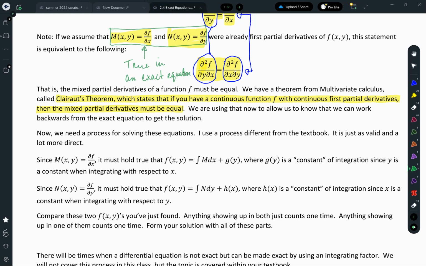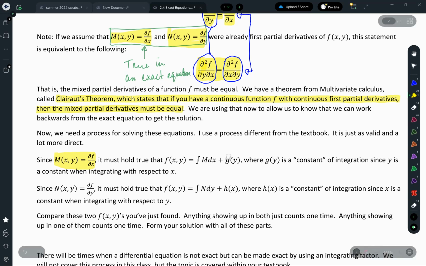So since M of x,y is equal to some first partial derivative of f with respect to x, then it must hold true that if we were to integrate M, we would be getting back our solution as long as we integrate with respect to x. Since M is a partial derivative with respect to x, you would think that taking a partial integral with respect to x would give it back.